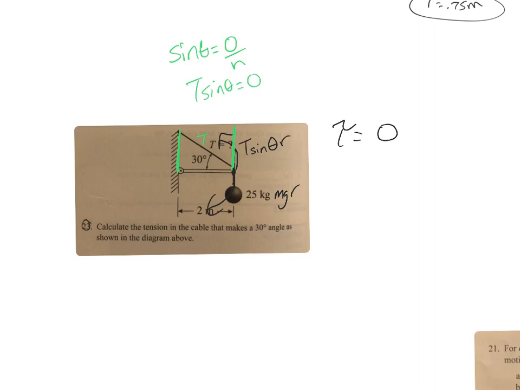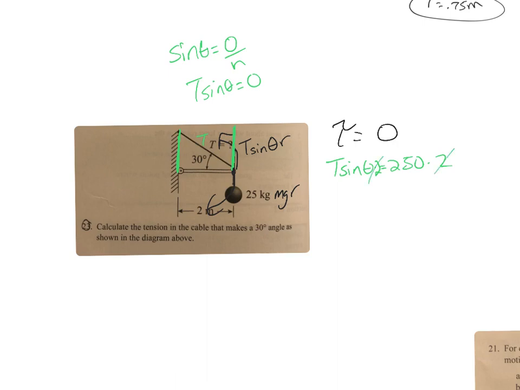So then basically T sine theta is going to be equal to 250 times 2, or sorry, T sine theta, and you still have to add times the radius, so T sine theta times 2 would have to be equal to 250 times 2.